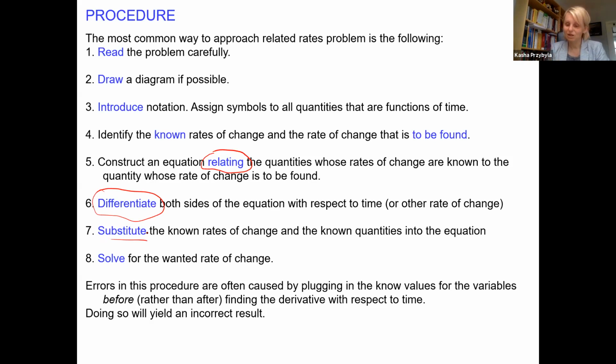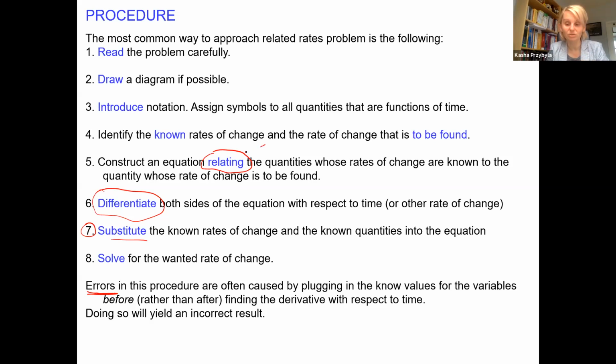Okay, and I will point out what I mean. The main error, number 7, is that we try to substitute some given information before the derivative.